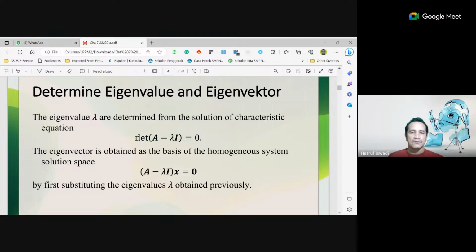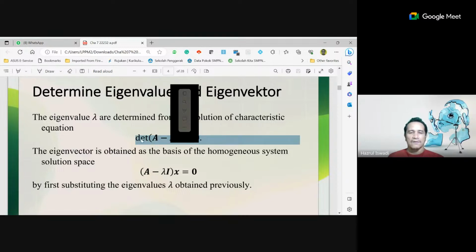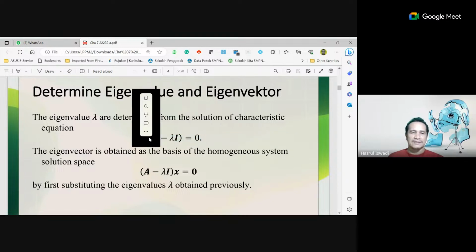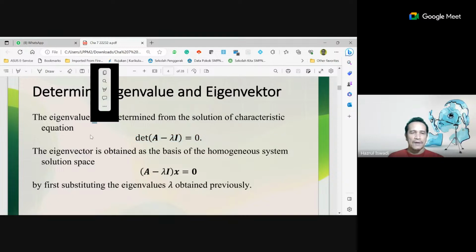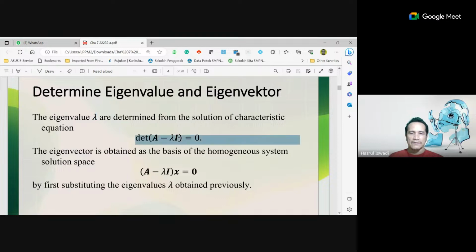So we take it for granted, just take it as a formula. This is the formula to find the value of the eigenvalue, the value of lambda.